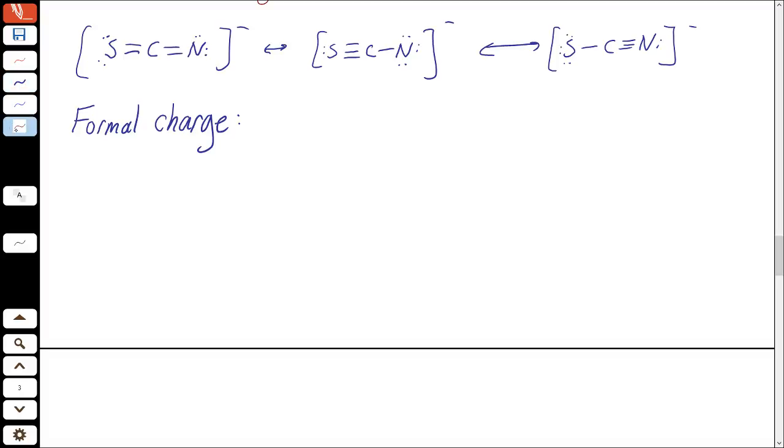You look at each atom in a structure, and you calculate the formal charge by taking the number of valence electrons of that atom. And this is the number of valence electrons in the free atom, not in the bonded atom.